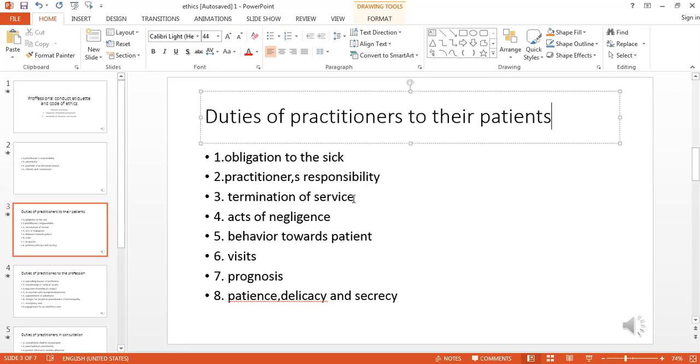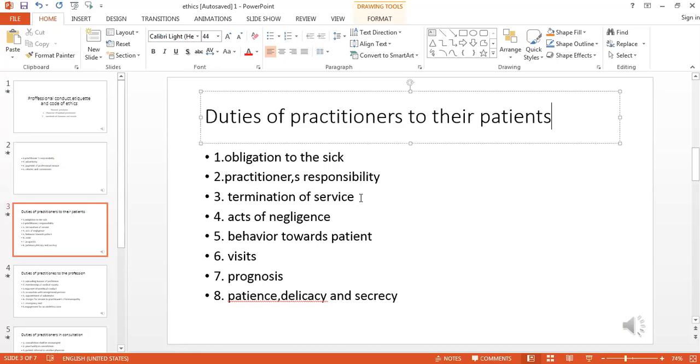Then termination of service. There are certain reasons for which we can withdraw, but this is our obligation to treat the sick. Once you take the patient, it is your responsibility to treat that patient. You cannot withdraw, but in some cases you can terminate your service.